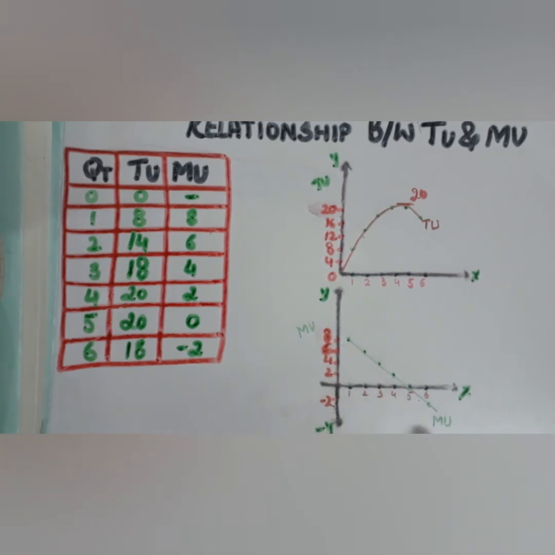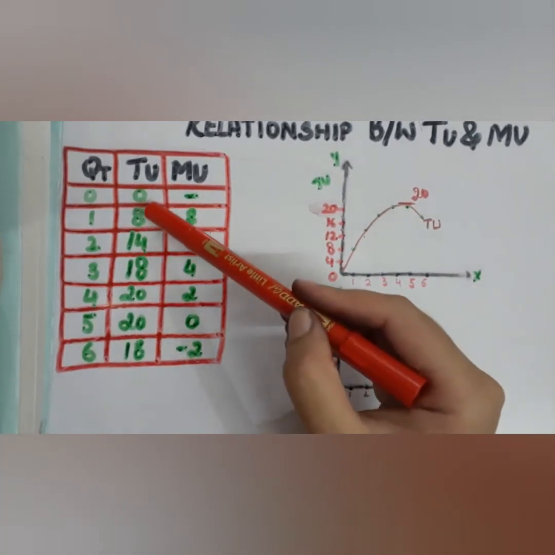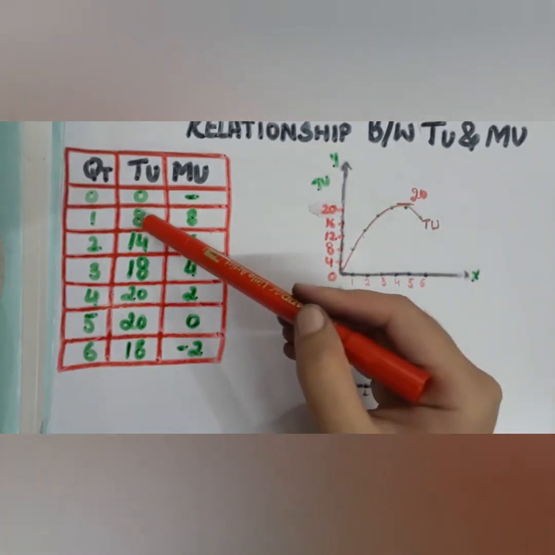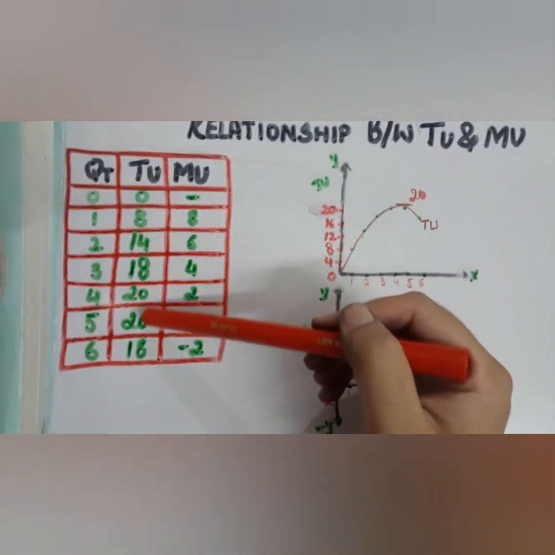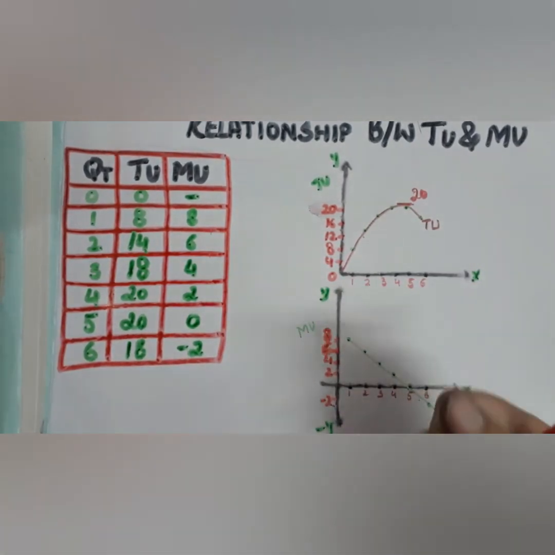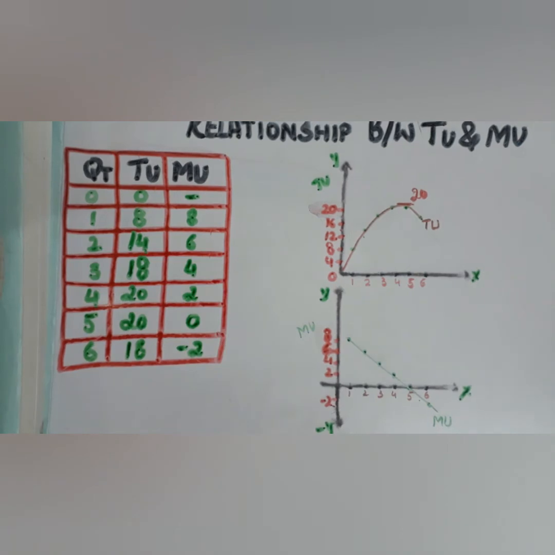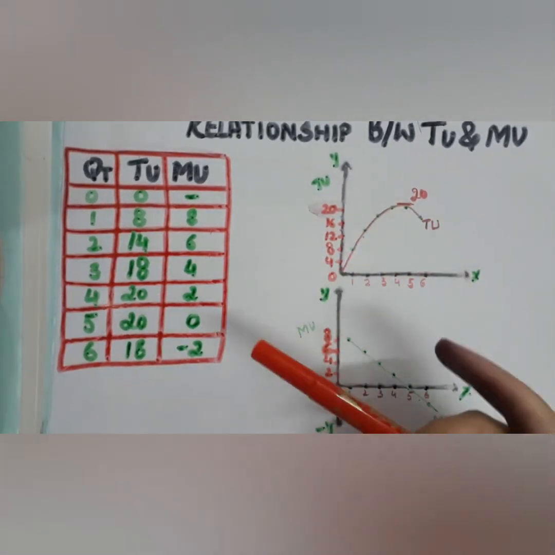You can see decreasing marginal utility. And one more thing we can talk about is that marginal utility is decreasing and again the rate is decreasing. So the total utility is decreasing with a decreasing rate. This thing you have to keep in mind, that total utility is decreasing with a decreasing rate.